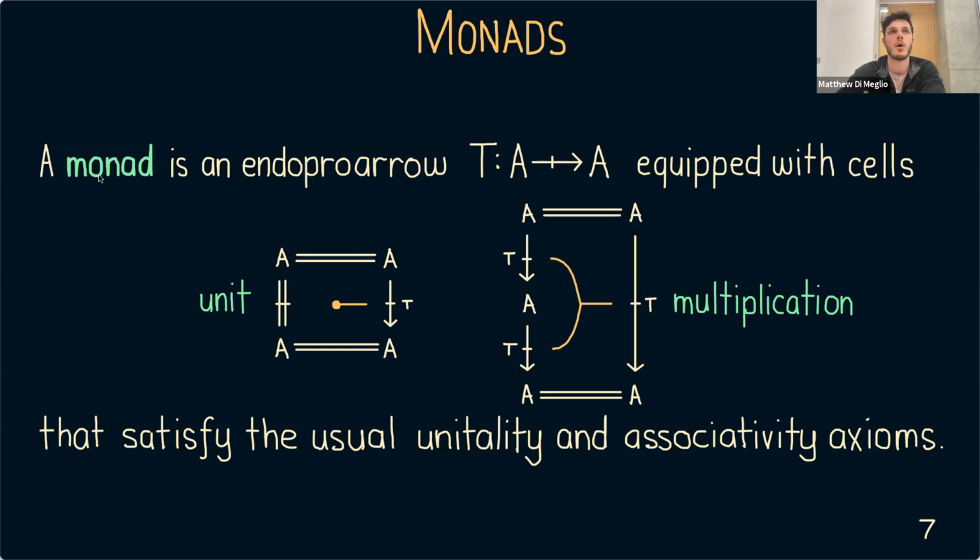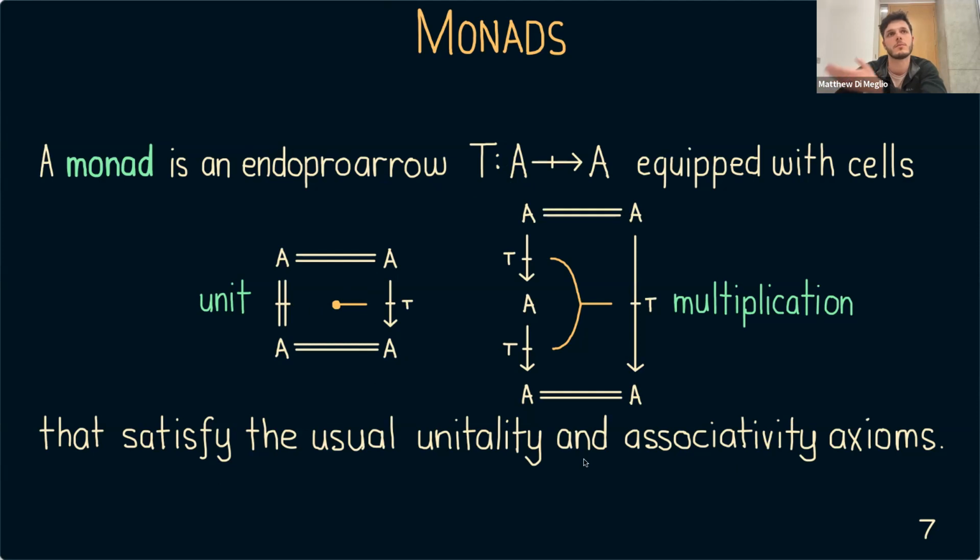So a monad in a double category is an endo-pro-arrow. So it consists of an object A of the double category and a pro-arrow T from A to A, equipped with cells, the unit cell and the multiplication cell. Anyway, so it has a unit cell and a multiplication cell, and these should satisfy the usual unitality and associativity axioms.